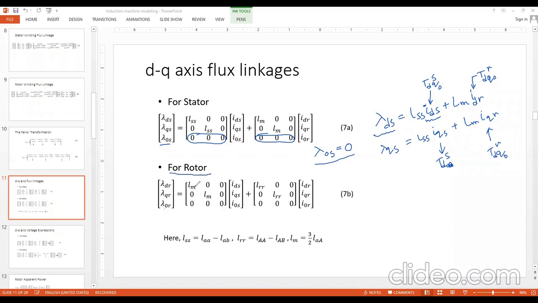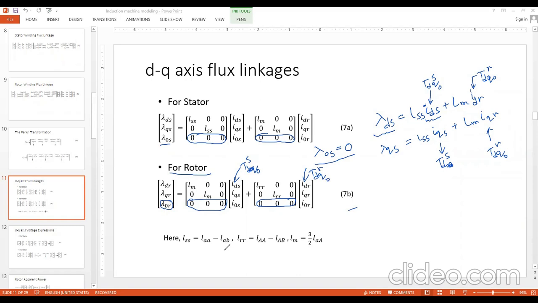For the rotor, you can again see all these are 0. The rotor 0 axis flux linkage is all zeros because the rotor quantities are balanced three-phase. Lambda dr is simply LM IDS plus LRR IDR. Again for these transformations, we use TDQ0S for the stator currents and TDQ0R for the rotor currents.